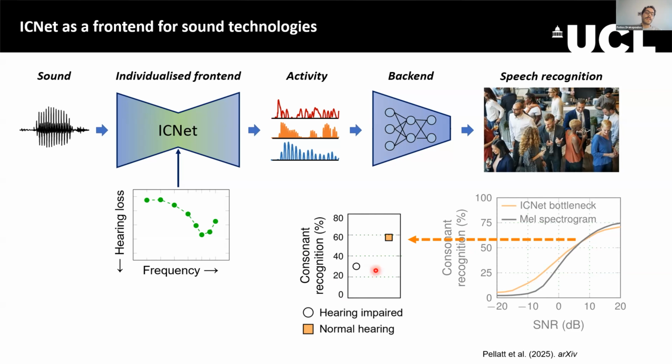What I show here again is that using these pathological brain features results in much slower speech recognition. This again suggests that the auditory brain features that ICNet provides might be a good proxy for simulating perception in artificial systems, both before and after hearing loss.